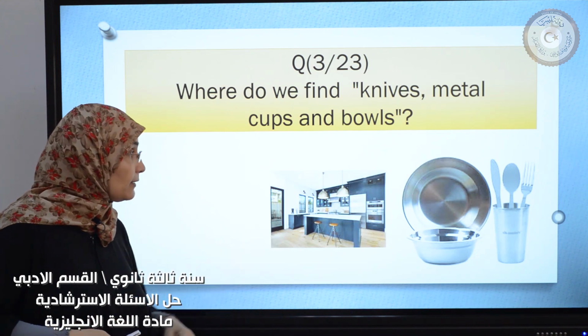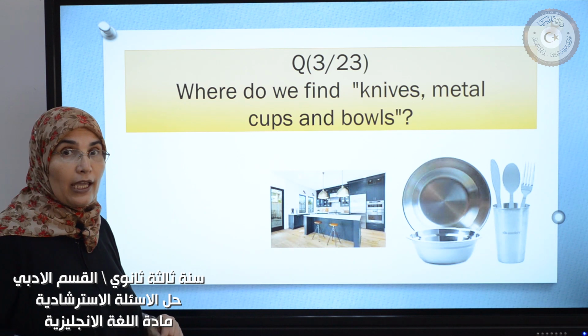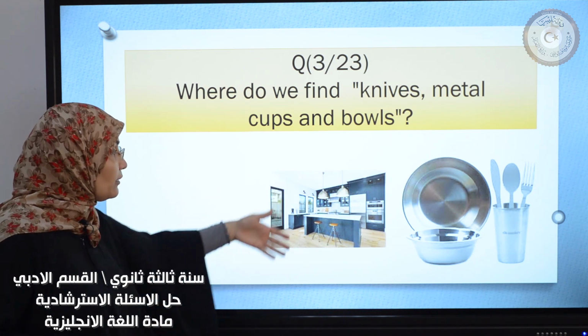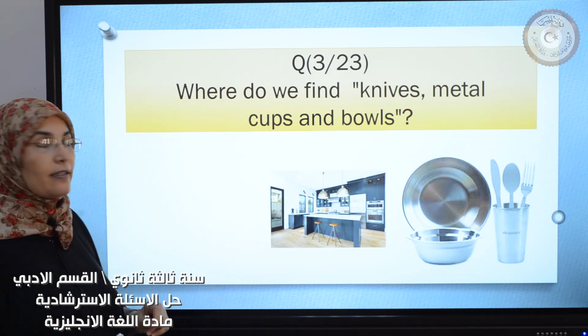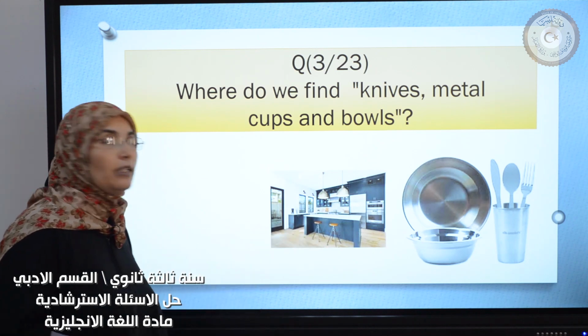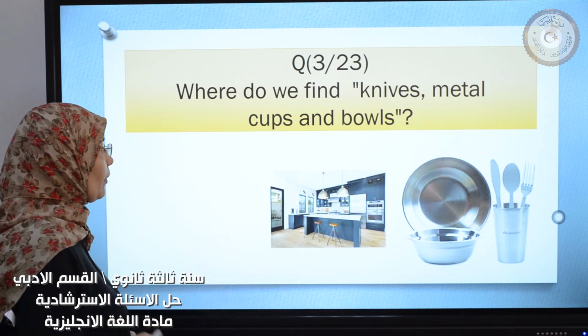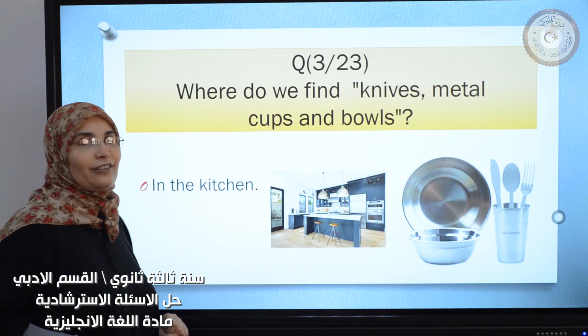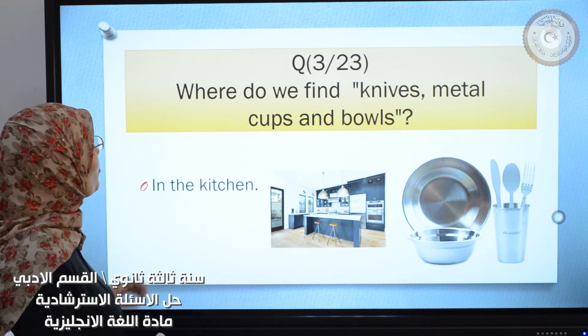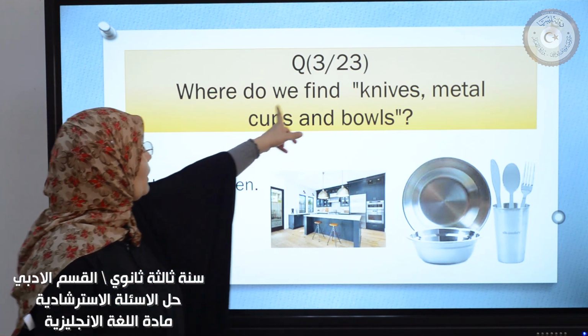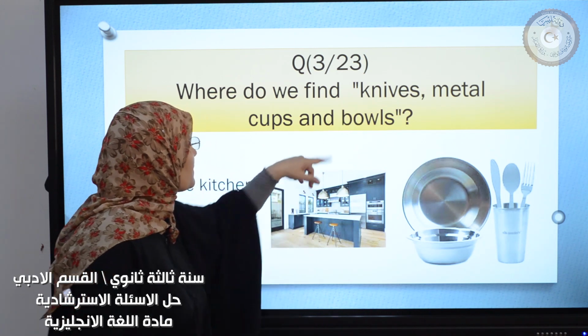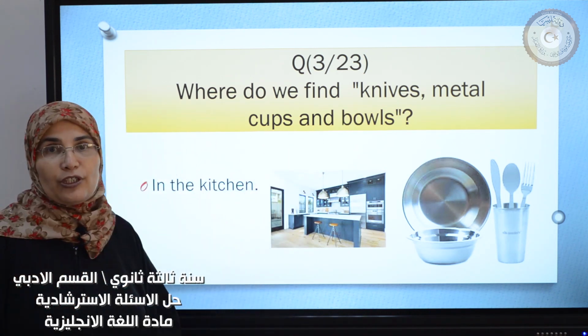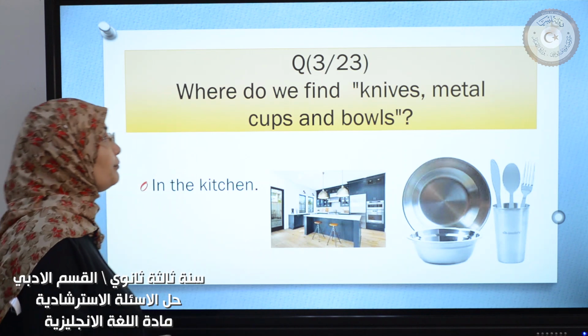Some families eat in the kitchen. You cook, you clean the dishes, and sometimes you eat in the kitchen. Kitchen is the answer. So where do we find knives, metal cups, and bowls? In the kitchen, المطبخ.